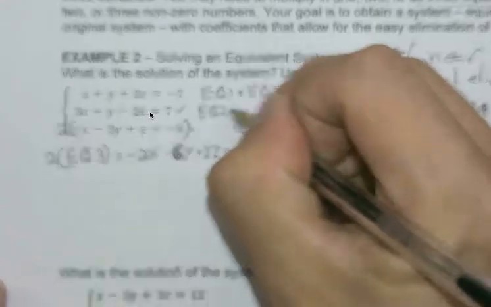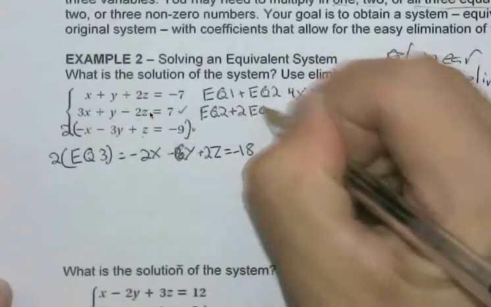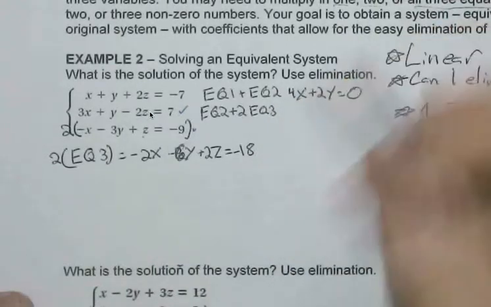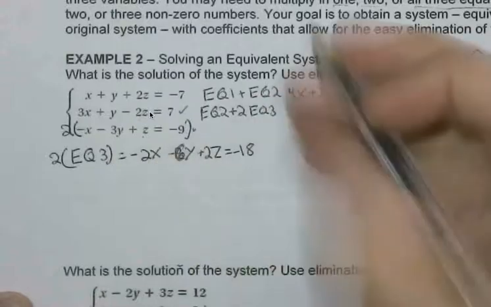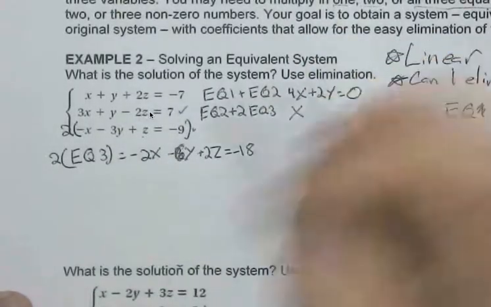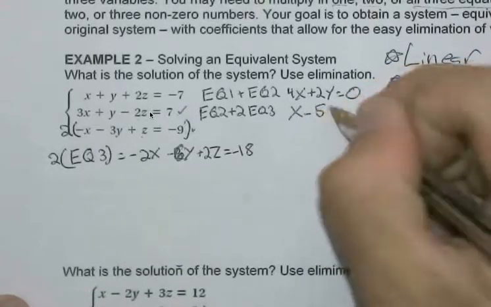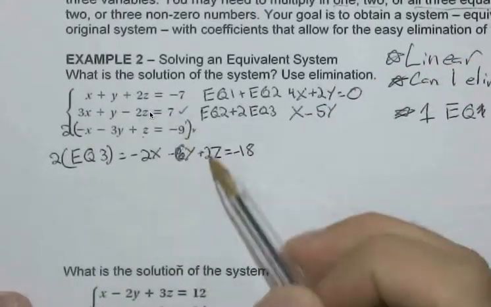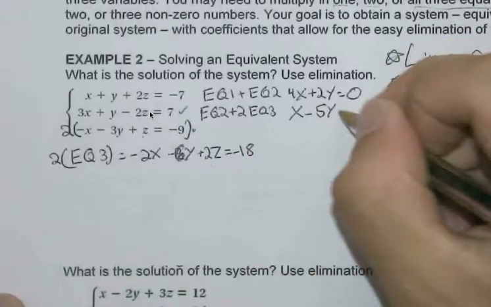So if we bring this together with two versions of equation 3, if we combine from here, 3x minus 2x gets us x, y, and deducting 6y gets us -5y. Our z terms cancel. 7 subtracting 18 gets us -11.